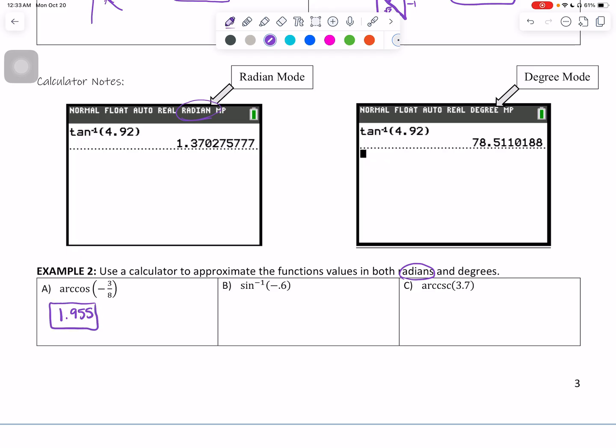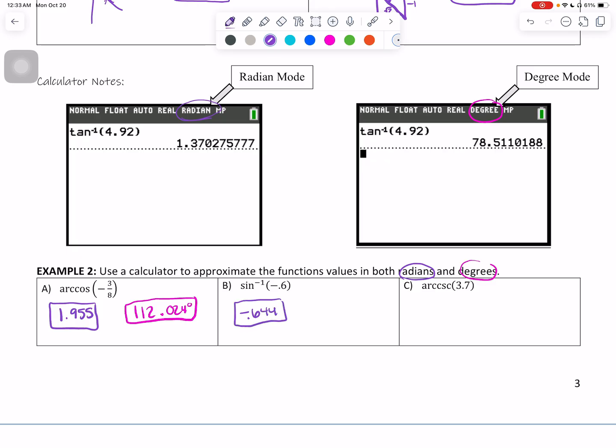Now, if you change your mode, you scroll up and put that answer again. I'm going to write the degrees here. You would get 112.024 degrees. All right, and so radians of the inverse of sine of negative 0.6 is negative 0.644.